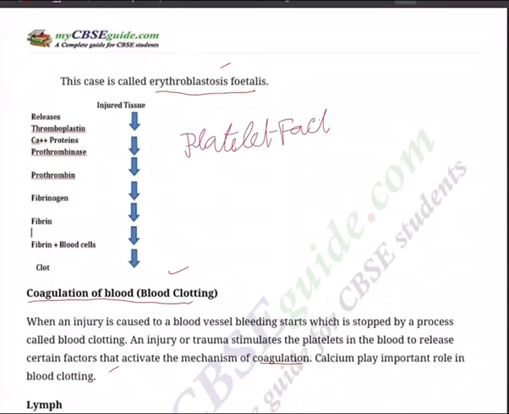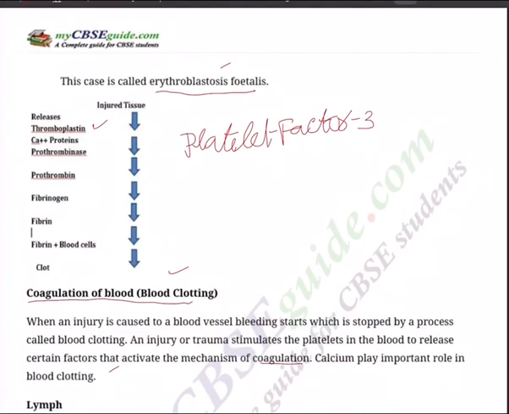Let me write platelet factor 3. This is the first one that is released at the place of injury. Platelet factor 3, and this is normally what we call platelet thromboplastin. Injured tissues also release a lipoprotein factor called thromboplastin.